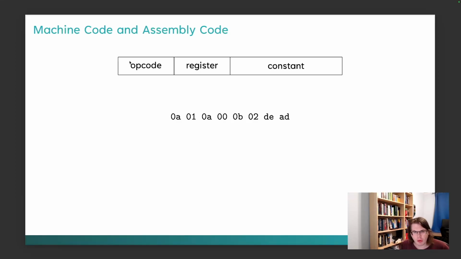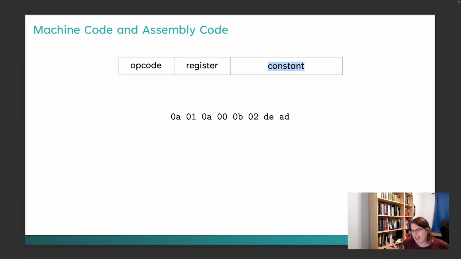Let's assume we have the following decoding scheme: as first parameter the opcode. The opcode is the operation code, which tells us which operation to perform, like an addition, a multiplication, or whatever. And then we have a register. The register is, as said, one kind of low-level variable on the CPU architecture.